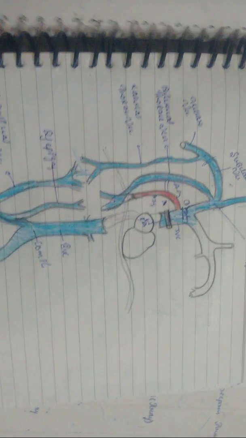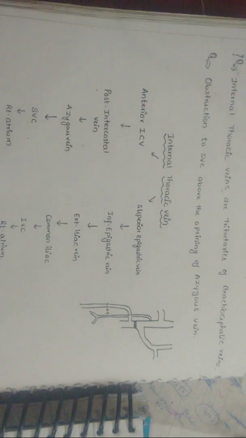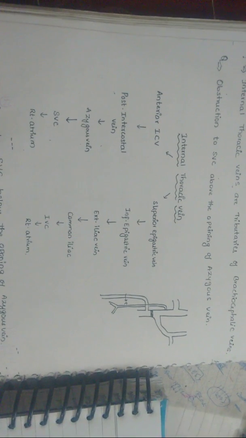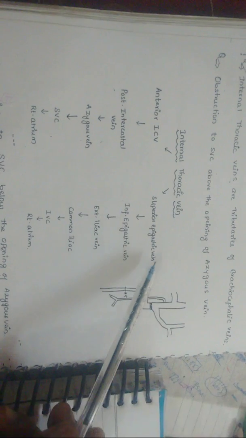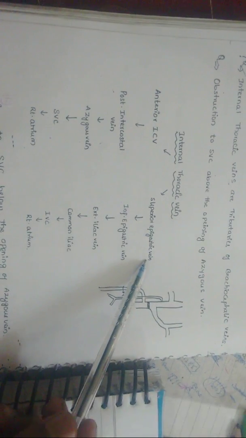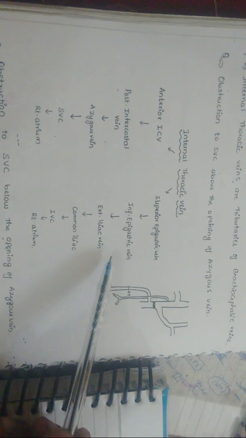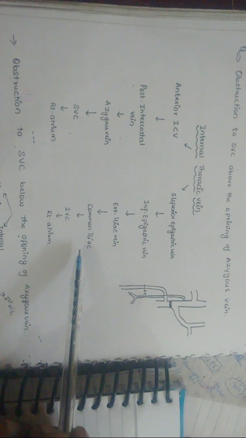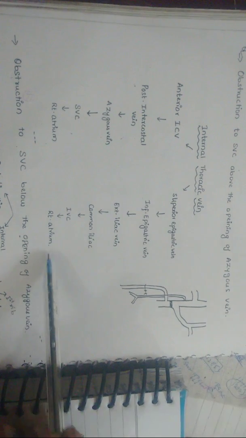The first thing written in our notes is obstruction to superior vena cava above the azygos vein. What's written here is internal thoracic vein, superior epigastric vein, inferior epigastric vein, external iliac vein, common iliac vein, inferior vena cava, and the right atrium.